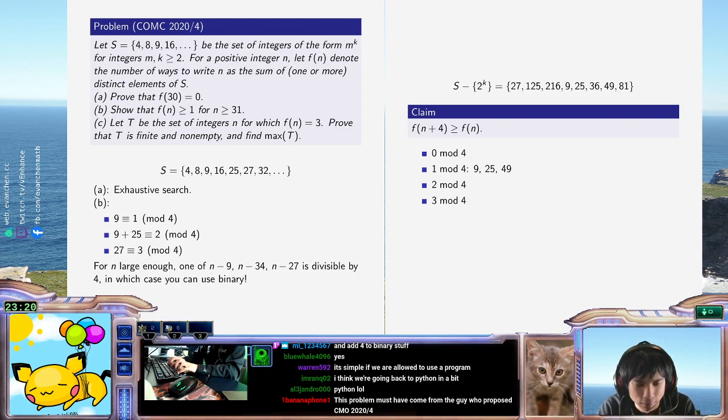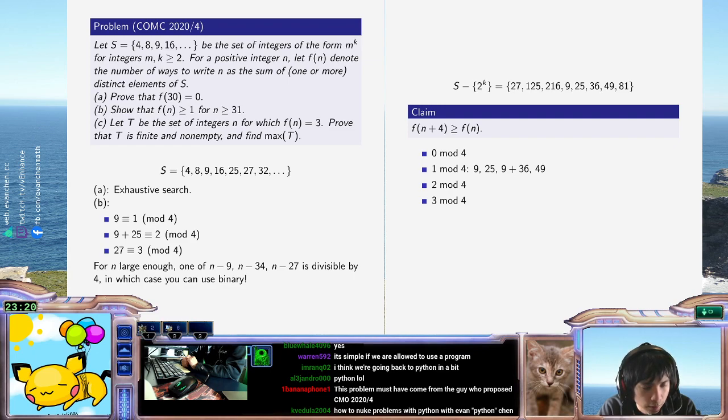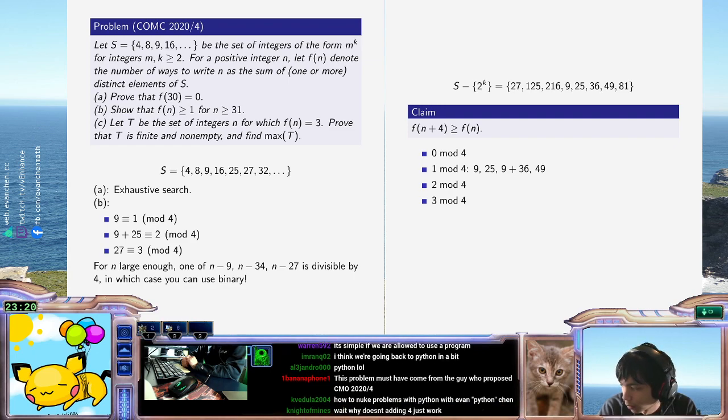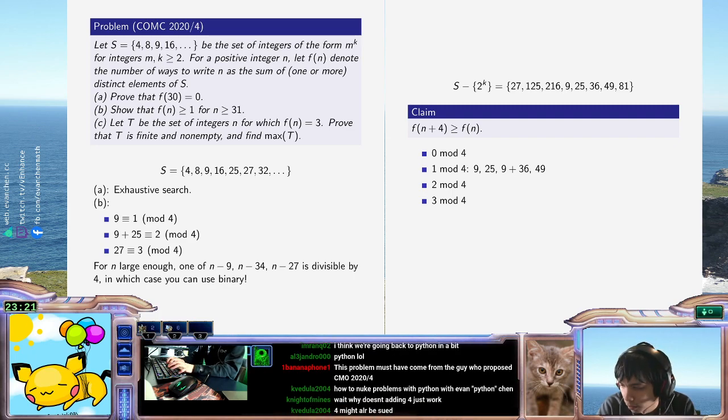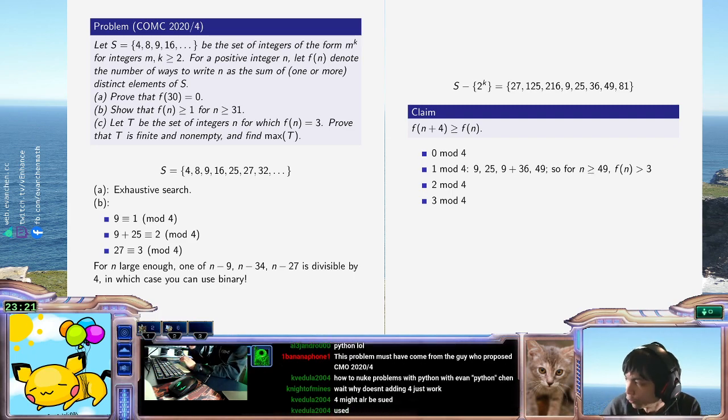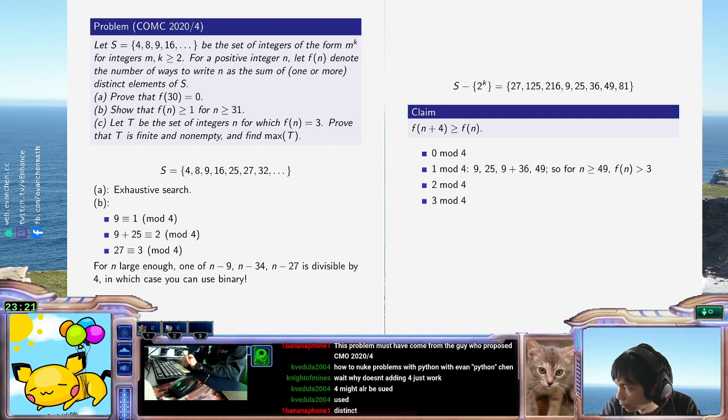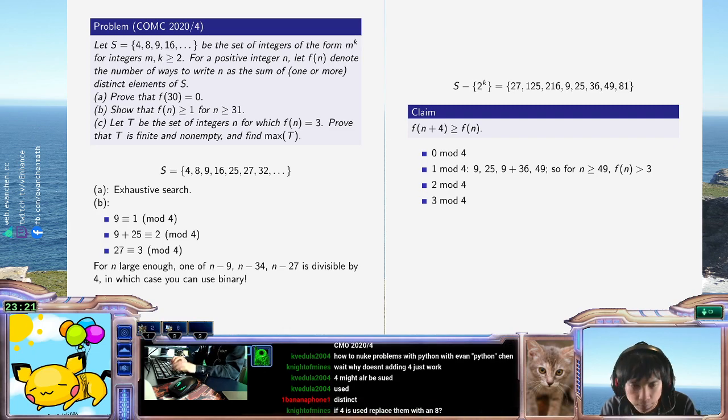So once n is at least 49, all the 1 mod 4 numbers will have some number of representations. This is only for the 1 mod 4 case. These numbers are going to get really large really fast.